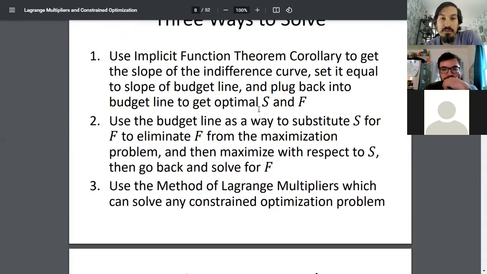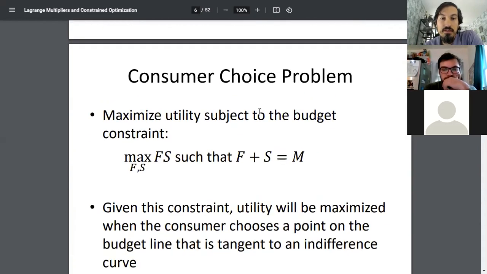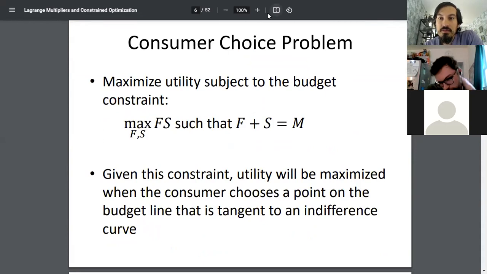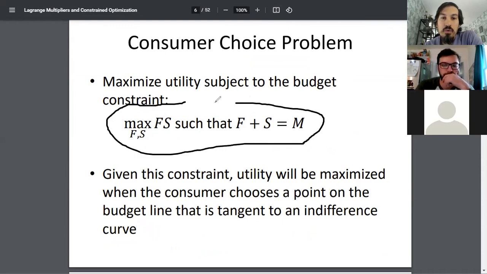Here's the problem, with two choice variables. What the method of Lagrange multipliers says is, I'm going to add a third variable, and the third variable I add is actually going to fundamentally change what I'm maximizing.